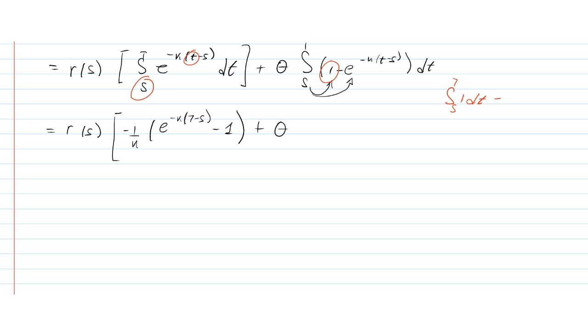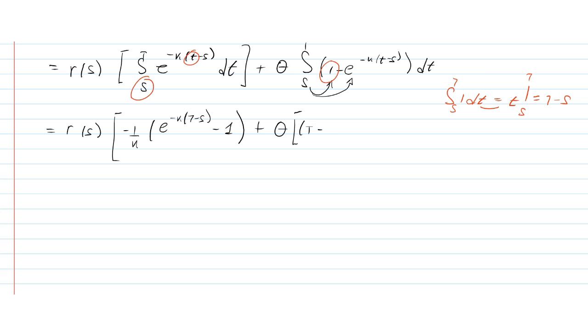This will be the same as, just put this here as the primitive, and this will give you the term evaluated in t and evaluated in s. You're going to use this all the time in rates models.